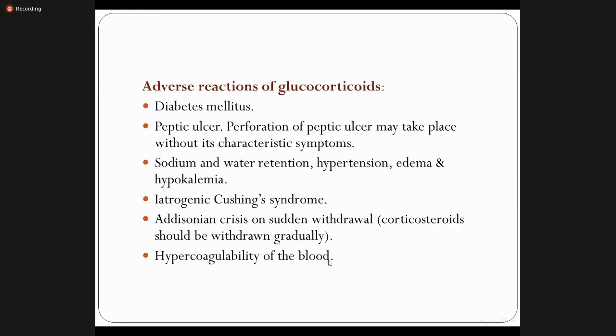Okay, there is a question: how do glucocorticoids cause peptic ulcer perforation? I think I have already explained it to you, because glucocorticoids inhibit the synthesis of arachidonic acid. How? By inhibiting phospholipase A2 enzyme, which is responsible for converting phospholipid into arachidonic acid.